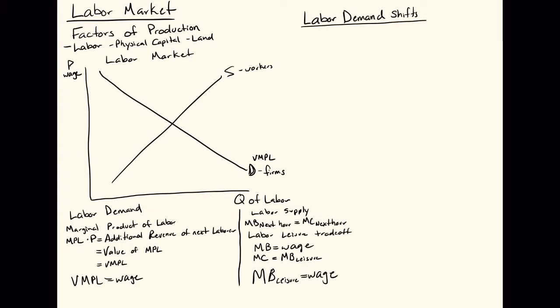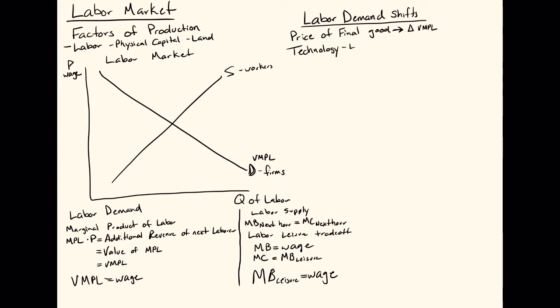Like every market, there are many factors that shift the supply and demand curve. The demand curve shifts if the price of the final good changes. That's because it would change VMPL.